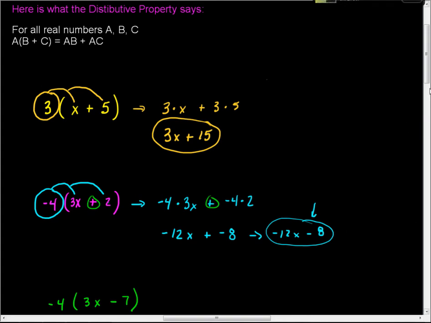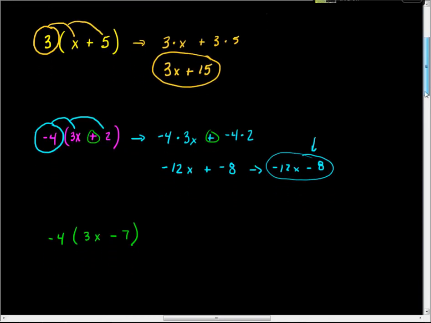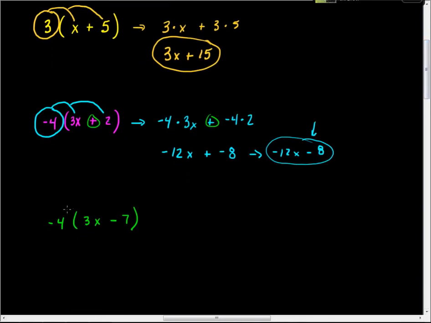So let's take a look at another one. In this example, we're going to take that same negative 4 and that same 3x, but then we're going to say, oh, we can distribute this. But there's a negative there. How do we do that? Well, we just make it look a little different, and pretty soon it starts looking like something we're supposed to see.